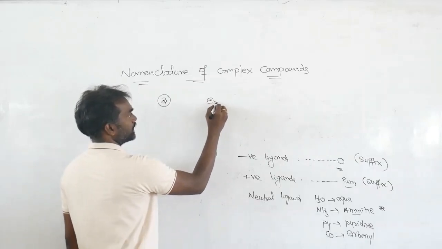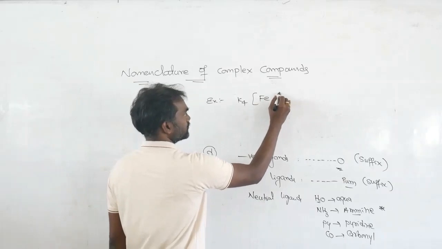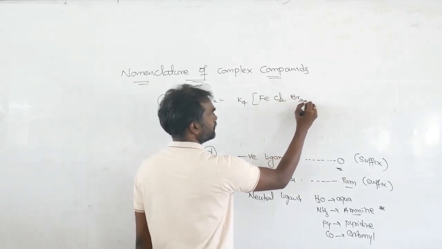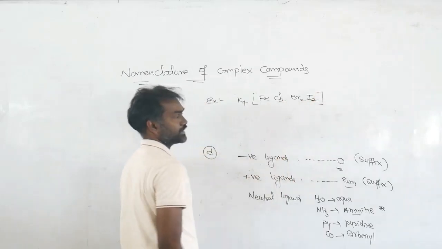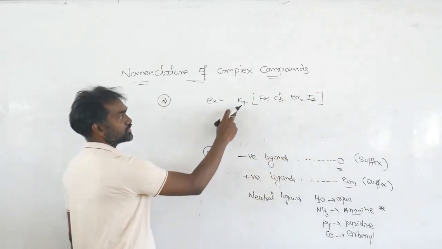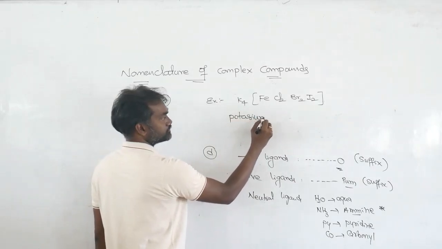See, we take one example, the same K4[Fe], with Cl2, Br2, I2. First the positive charge, which is potassium.